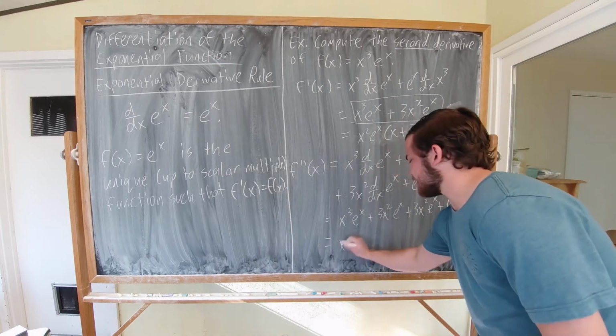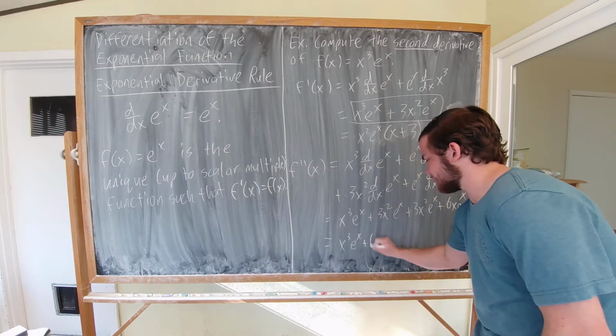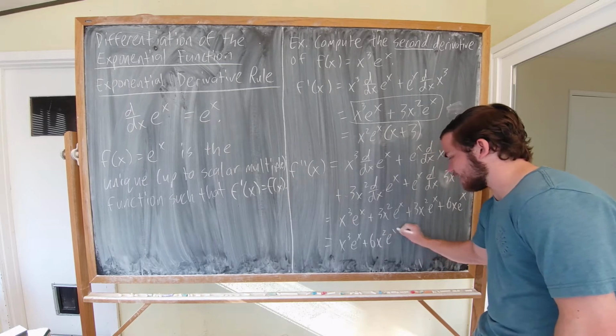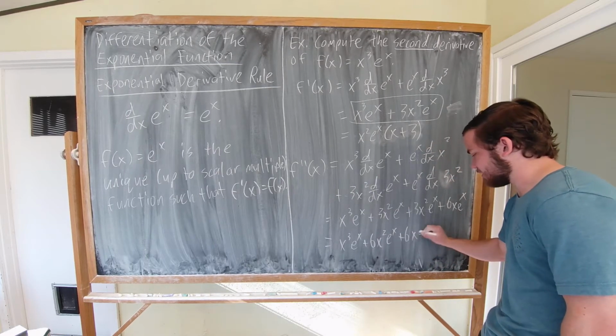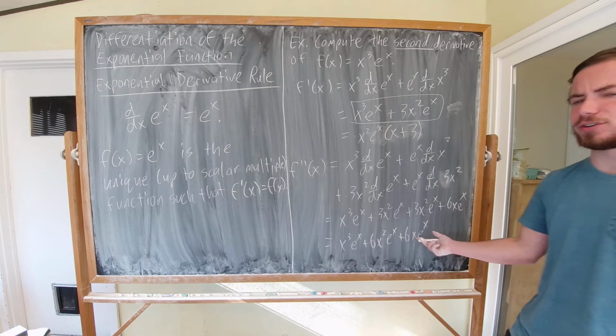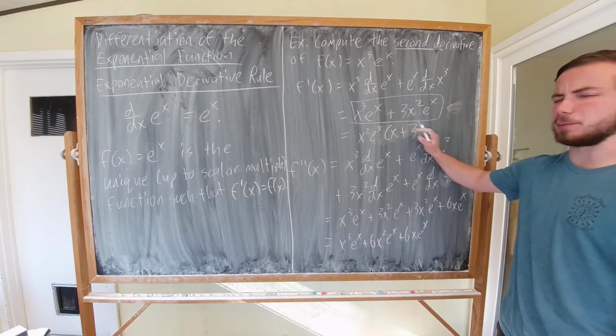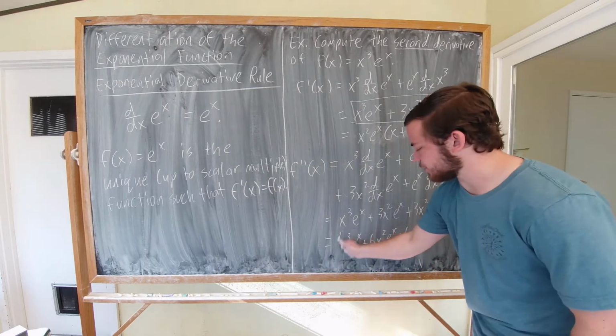So you can write that as x cubed e to the x plus 6x squared e to the x plus 6x e to the x. And if you wanted to, you could factor out from all that, just like what we did up here. But this would be our second derivative.